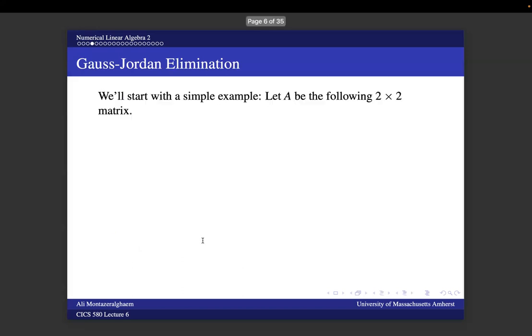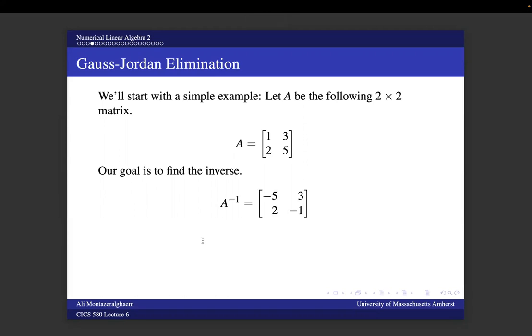So let's start with a simple example of this algorithm. For example, we have A, which is equal to a 2 by 2 matrix, like this. And our goal is to find the inverse of this matrix.